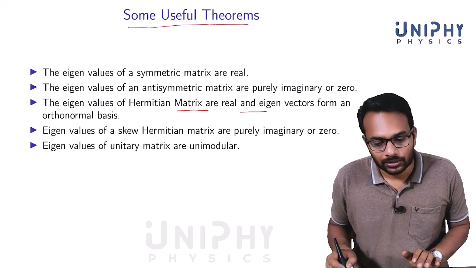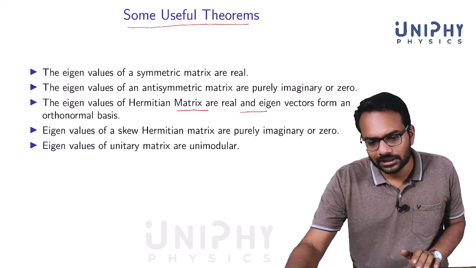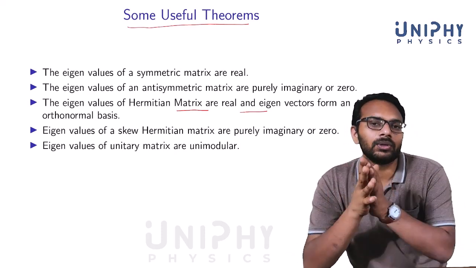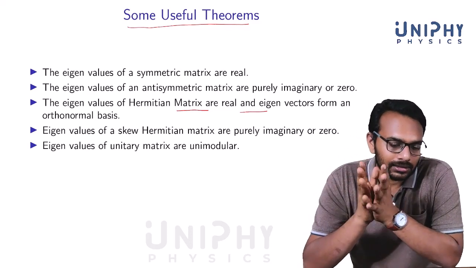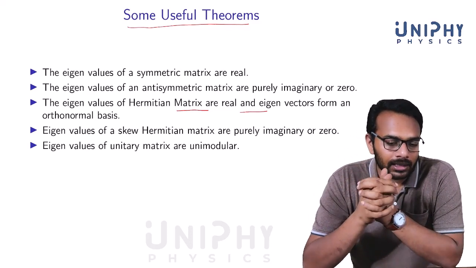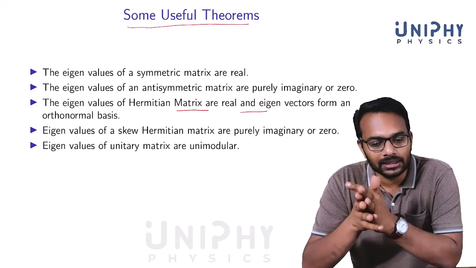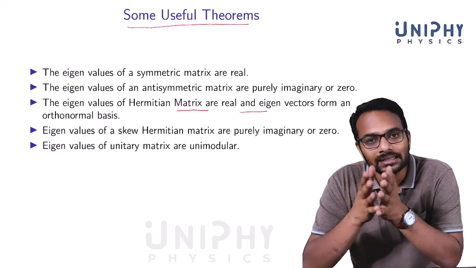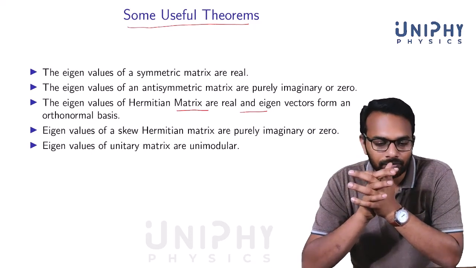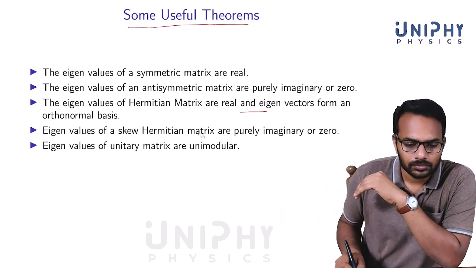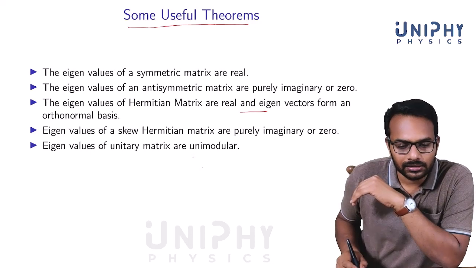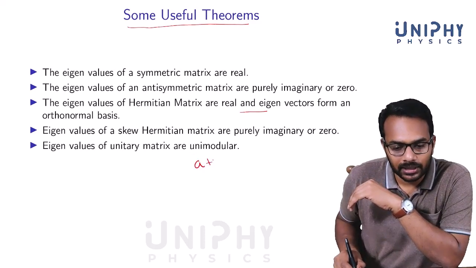So there can be a question where they ask which among the following can be an eigenvalue of a unitary operator, and you just check whether these are unimodular, whether their modulus is equal to 1. How do you find the modulus? If you have a complex number z equals a plus ib, what's the modulus of it?